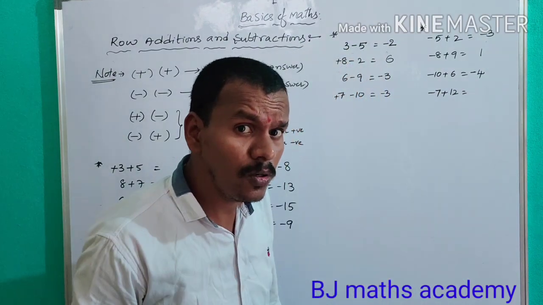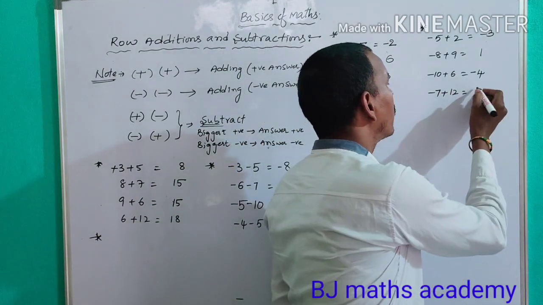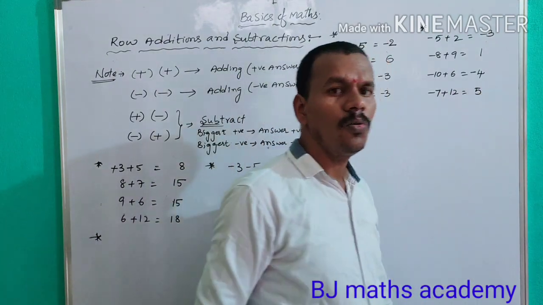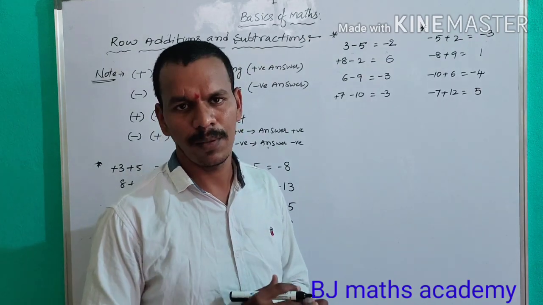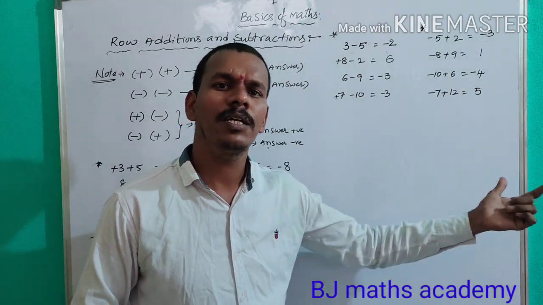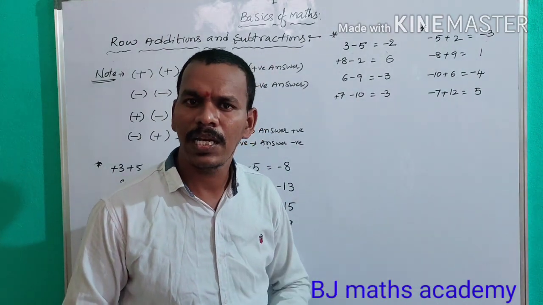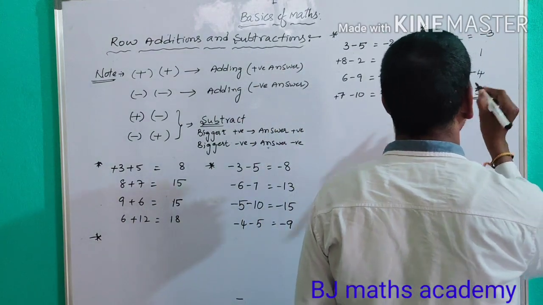So what do we have to do? Subtraction. 12 minus 7 is 5. From the biggest we subtract the smallest number. If the biggest number is positive, the answer becomes positive. If the biggest number is negative, the answer becomes negative. So it is very important.